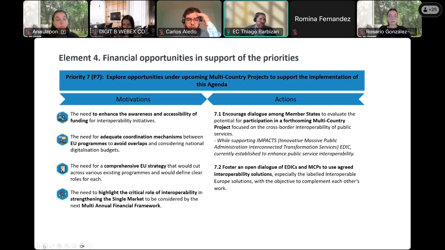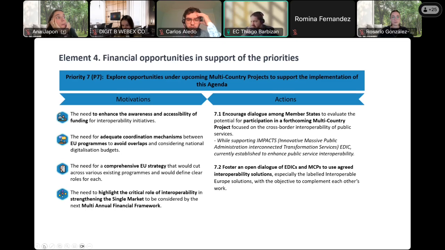And here it is to encourage member states to evaluate the potential to participate in these multi-country projects, and also, under the multi-country projects and the impact areas, innovative public administration, interconnected transformation services, to use these interoperability solutions to enhance public service interoperability.